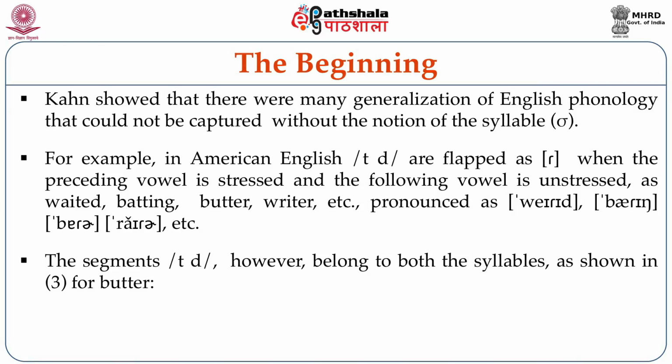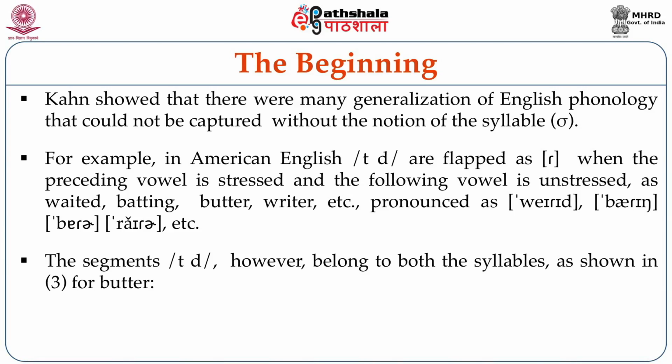So we have these words such as bedding or weighted or rider, which we pronounce in Indian English as batting or weighted or writer or rider, etc. Now these ones are all pronounced with a flap in American English.